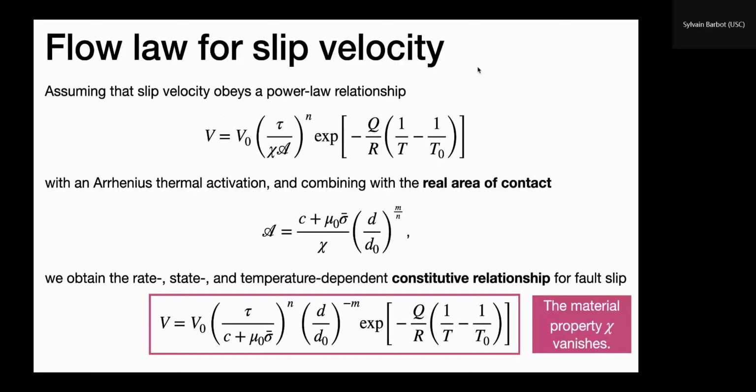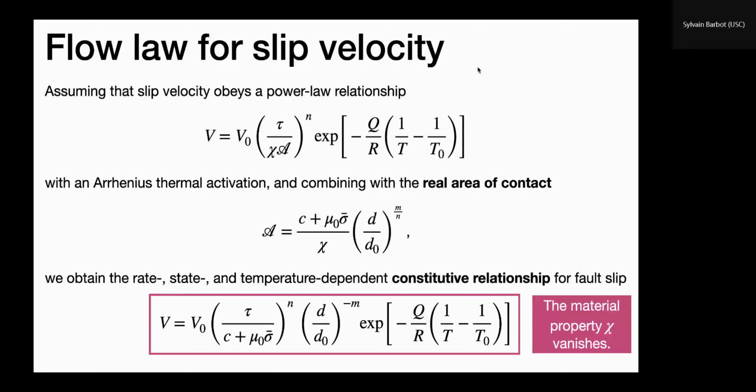And so it explains why the weakest rocks or the strongest may have the same or similar friction coefficient, because the same property controls the flattening of the area and the yield strength, and it compensates. In one expression, it's at the numerator, and in the other, it's at the denominator. So it cancels out. And so that explains in a very simple way why all these rocks would have very similar properties.